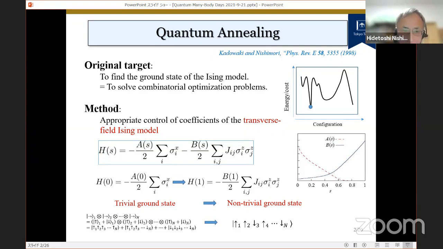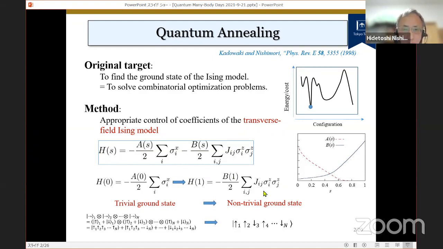So let's start from this trivial ground state, which is easy to prepare on the device. And let's reduce the amplitude of the first term to 0. And simultaneously, we increase the amplitude of the Ising term from 0 to a finite value. Then at the end of the day, you will have the Ising Hamiltonian for which we want to find the ground state.